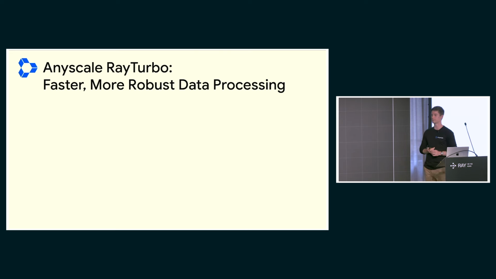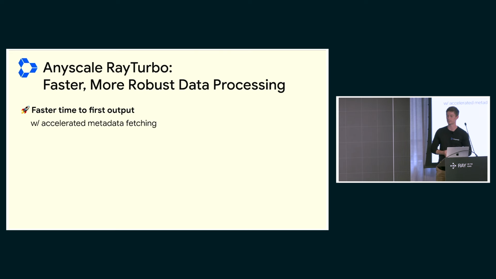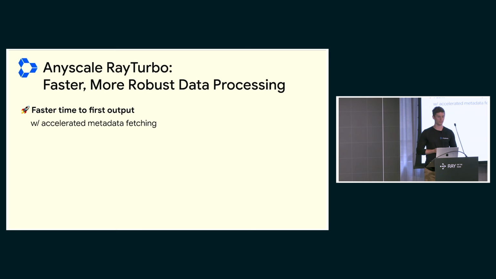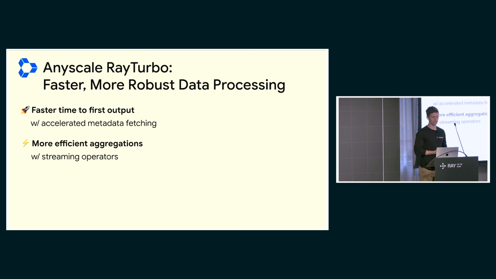So the first is we've been seeing a lot of Anyscale customers getting a huge amount of value out of Ray Data, and specifically for batch inference type workloads. On RayTurbo, Ray Data is even faster for the time to first output because it has some optimizations around accelerated metadata fetching.